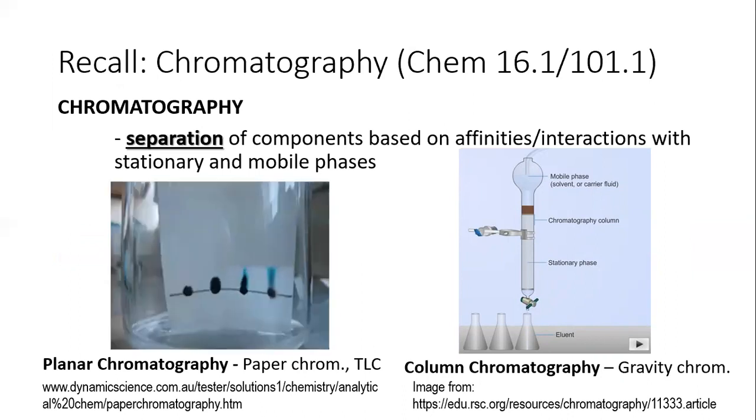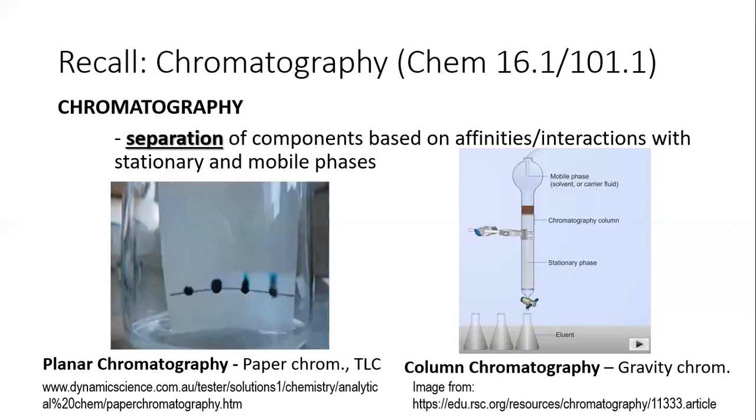So chromatography, as a short recap from your previous Chem lab classes, is a separation method based on the interaction of your components or solutes with the stationary and mobile phase.